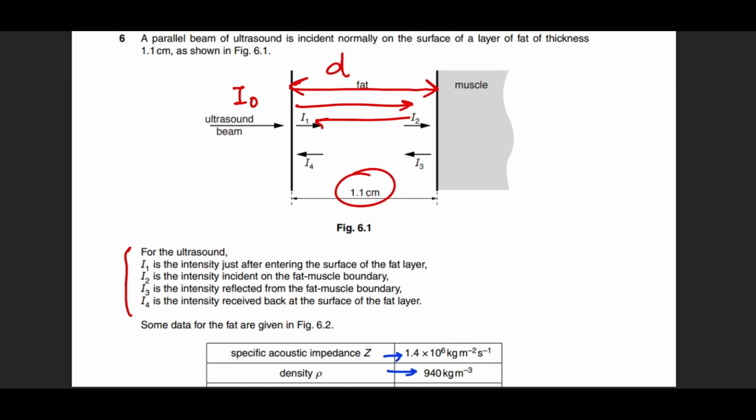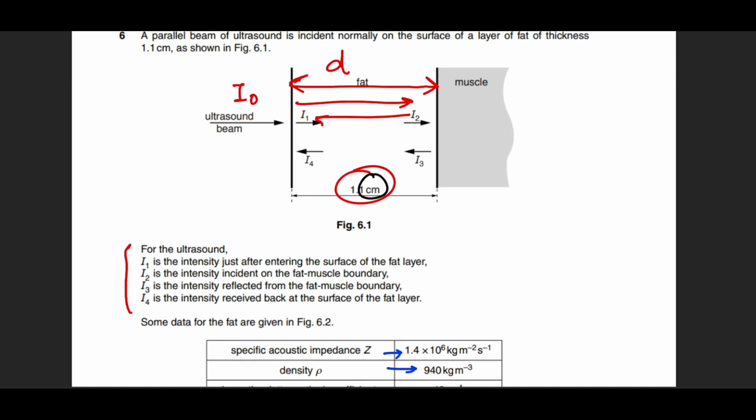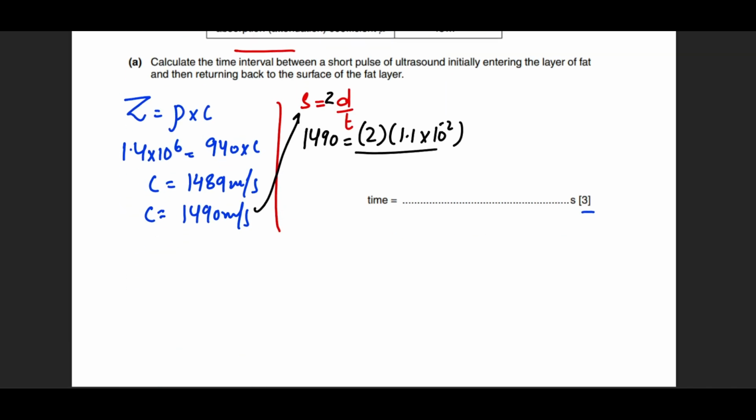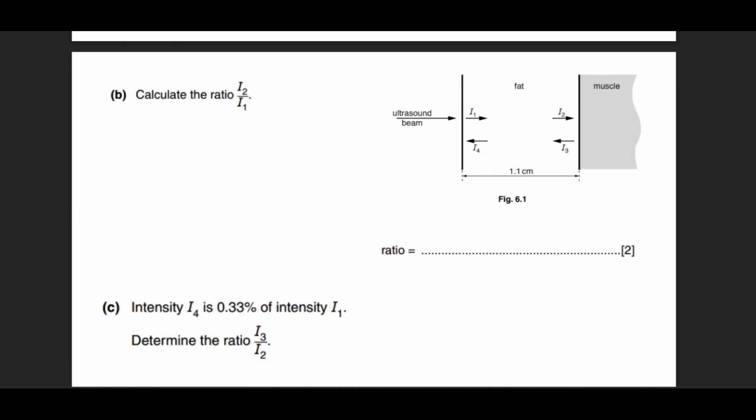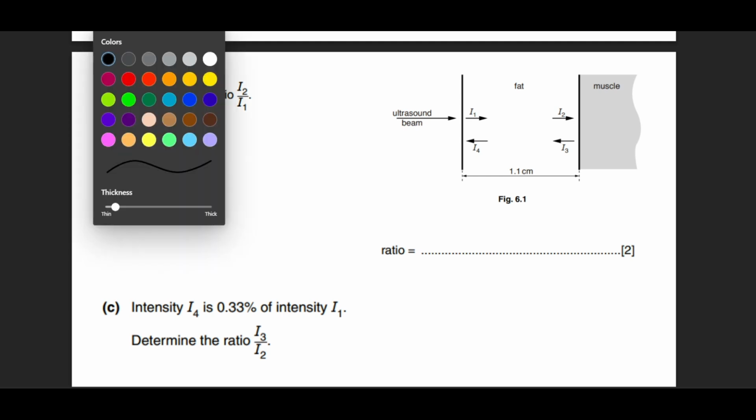Why 10 raised to the power minus 2? Because this is in centimeters. I have to convert it into meters. Divided by time t. When you find time t, this comes out as 1.47 into 10 raised to the power minus 5. So this is going to be rounded off to 1.5 into 10 raised to the power minus 5 as 2 significant figures.